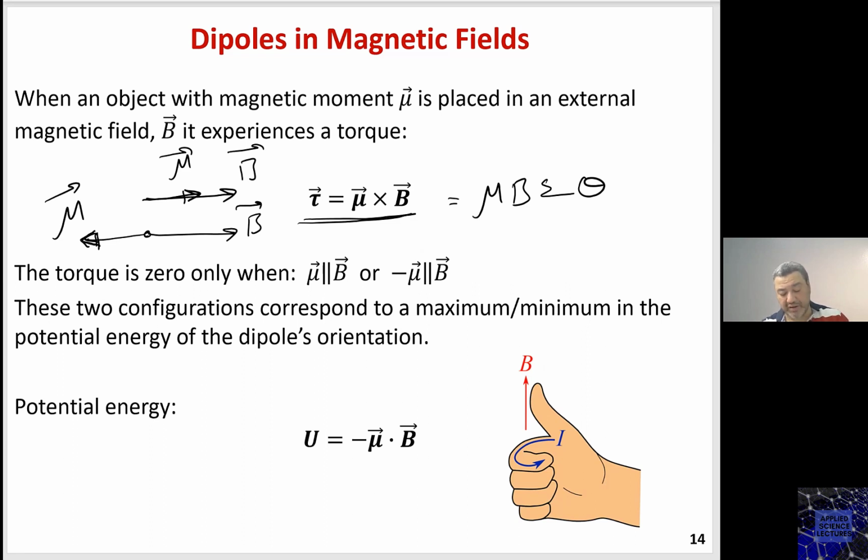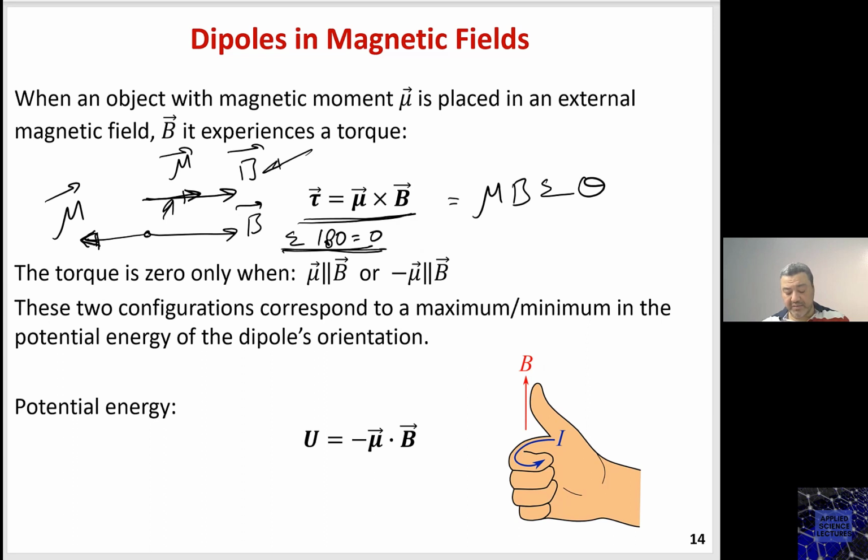Although the angle here is 180 degrees and sine 180 degrees is zero, any vibration, any perturbation will result in the loop flipping and coming into the parallel case. So this one is the unstable position, and this one is the stable position.